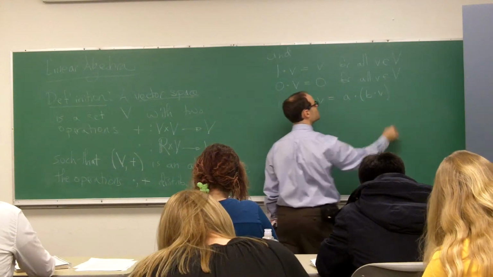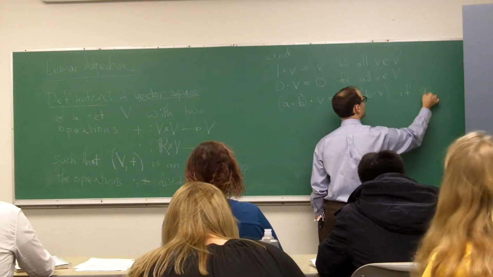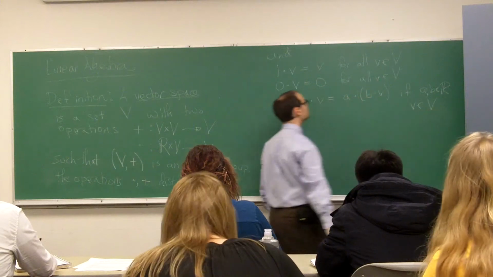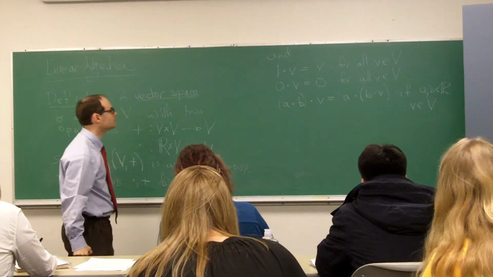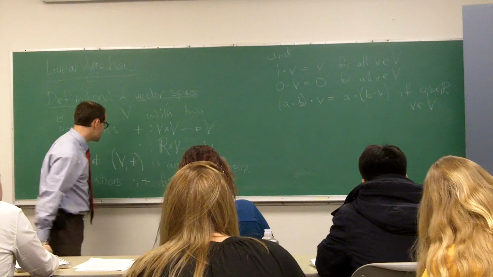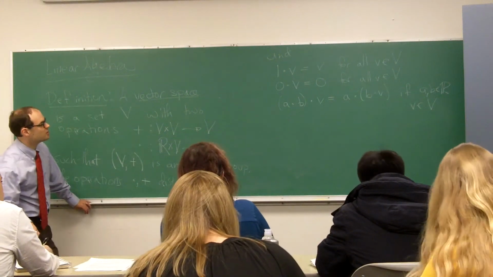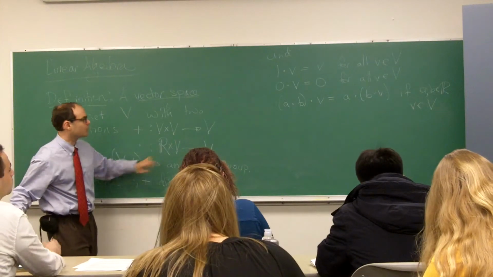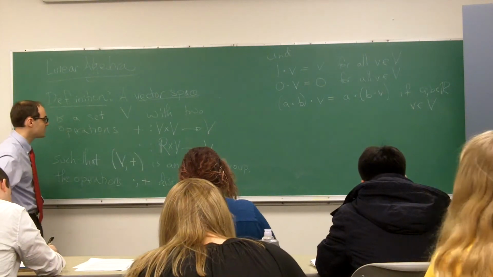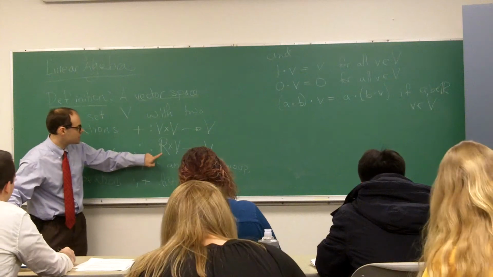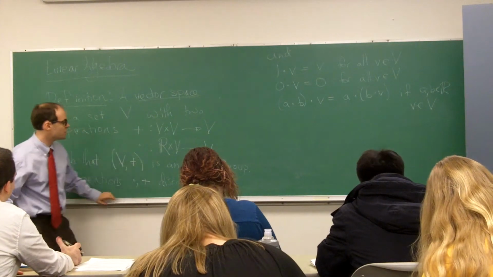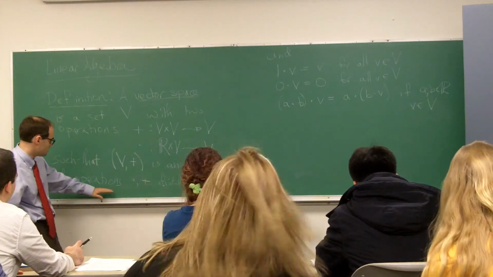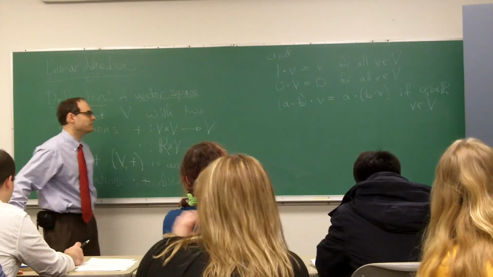You've got this associativity if a and b are real and v is in V. So that almost gives you a group action: this multiplication on R plays very well with the structure.